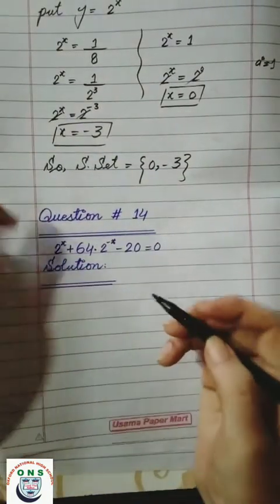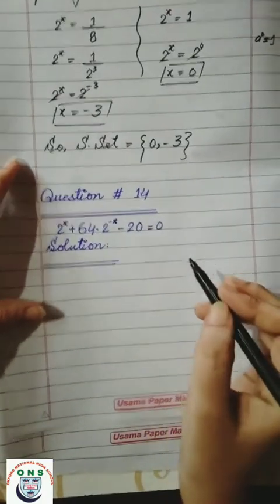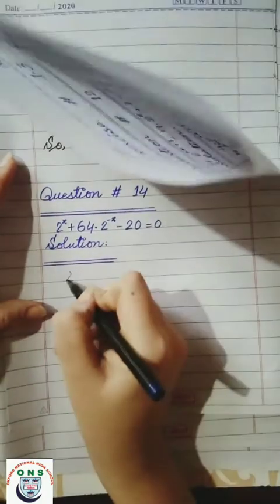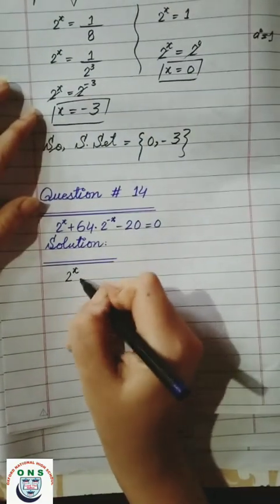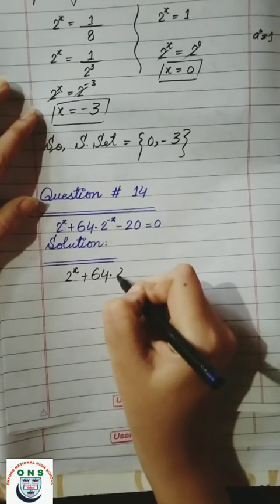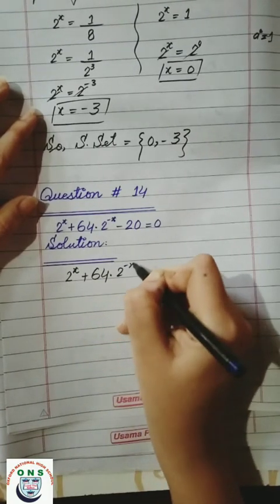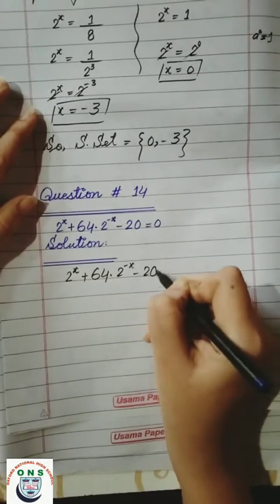Students, question number 14 also resembles question number 12, but there is a slight difference from the start. That's why I will start it, and then you can solve the rest by yourself, because 12, 13, 14 are of the same method.